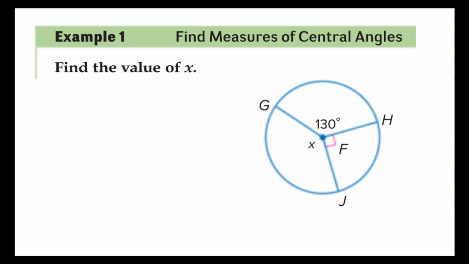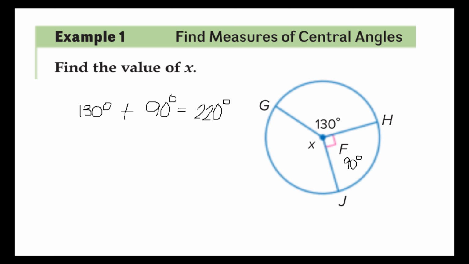Find the value of x. Since the figure showed that angle F is a right angle, its measure is equal to 90 degrees. If you will add 130 degrees plus 90 degrees, that is equal to 220 degrees.